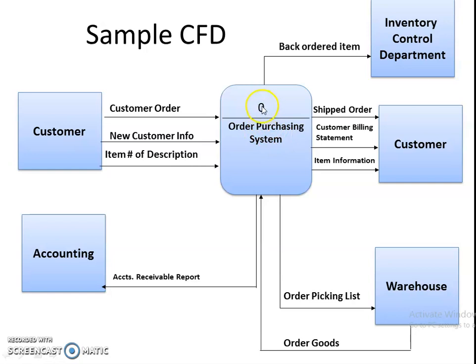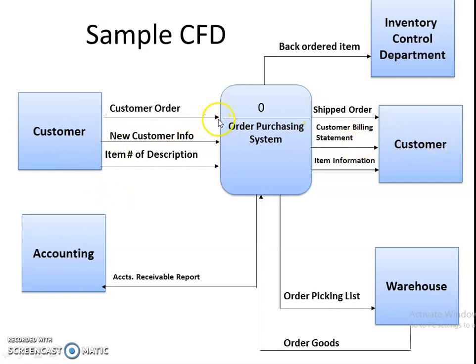Here we put 0, which indicates the name of the system, the order purchasing system. Surrounding it are the external entities. There are 4: inventory control department, customer, warehouse, and accounting. We will not count customer again because it is just repeating.